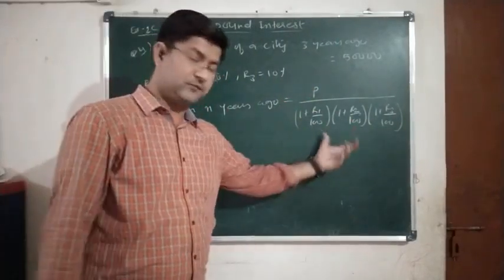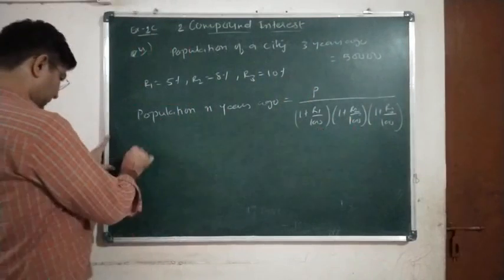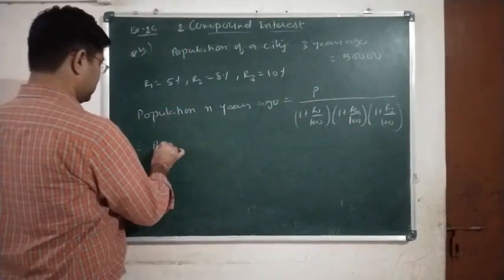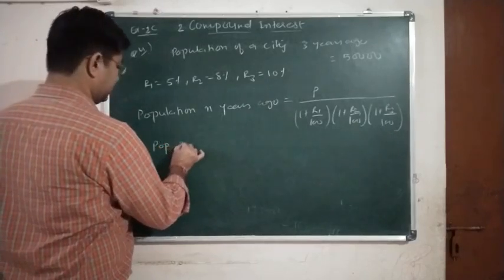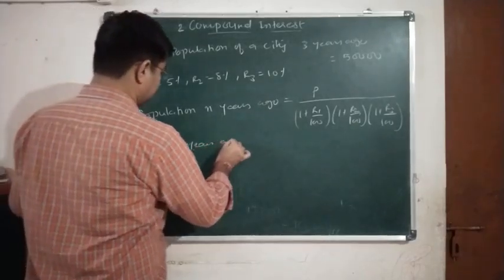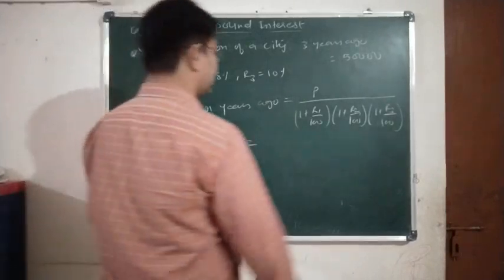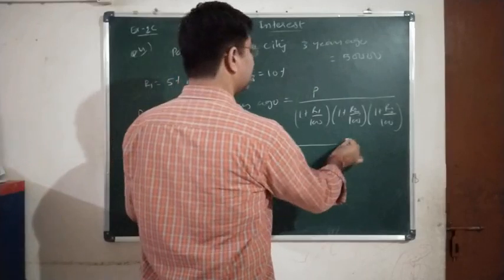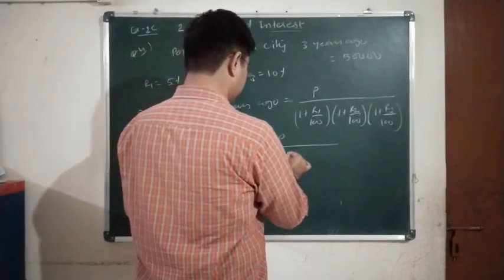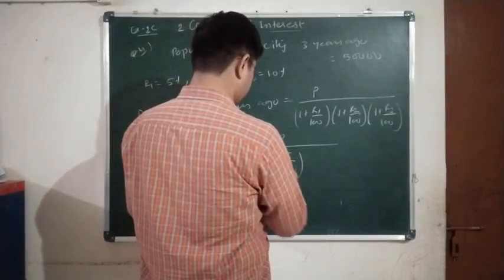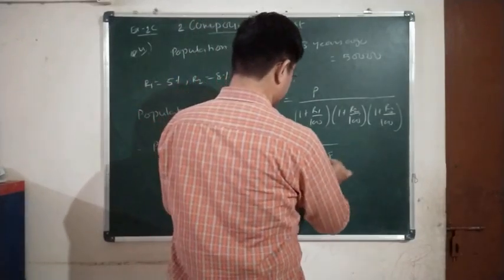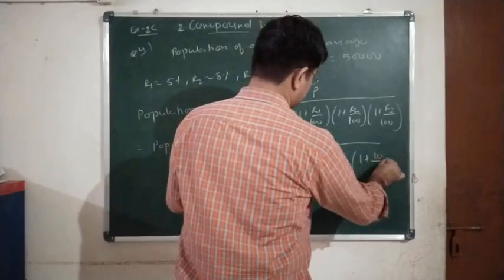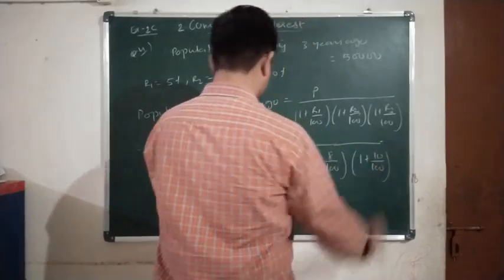Now let us put the value. Population 3 years ago will be equal to P, the present population we have to find out, upon (1 plus 5 upon 100) into (1 plus 8 upon 100) into (1 plus 10 upon 100).